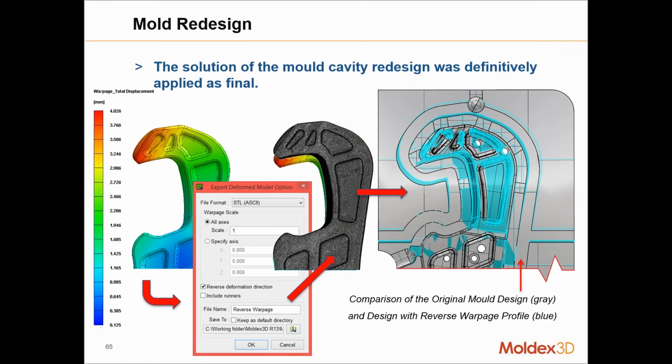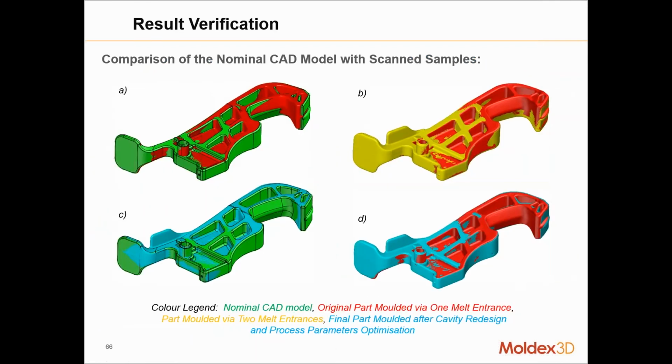They took the initial baseline design and conditions, ran a simulation, and once they had the warp result, they exported out the reverse of that warp shape, took it back to CAD, and overlaid it with their original design to look at what were those areas of deviation, where was it okay, where was it deviating a lot more. And so then they went about doing an iterative process.